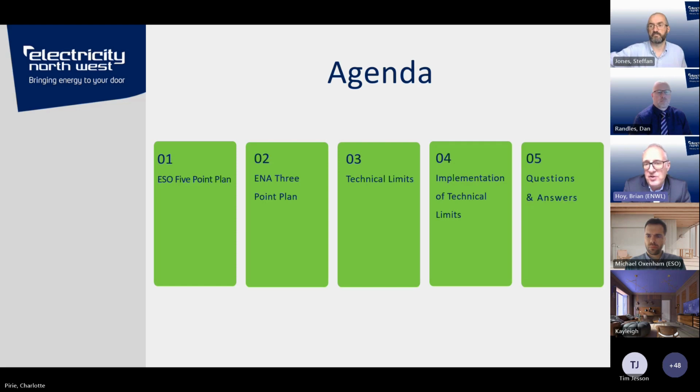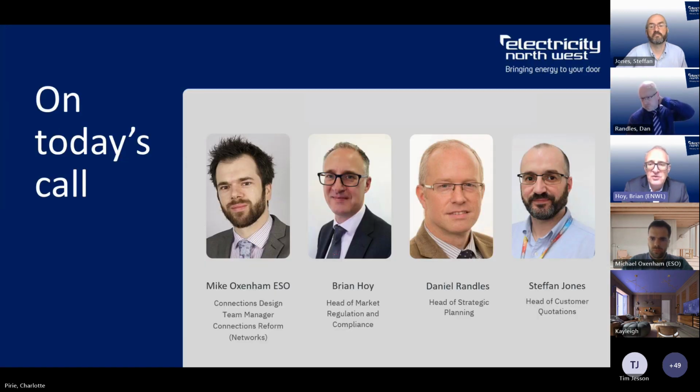Then we're going to cover the similar 3-point plan that the DNO have devised, which is in similar territory. And then the bulk of the presentation will be going through the actual technical limits, which is one of those initiatives that's been developed through these plans. We'll talk about that to try and explain it, and then about the implementation. And then we'll have some time for questions at the end.